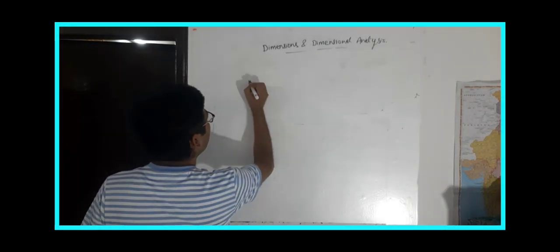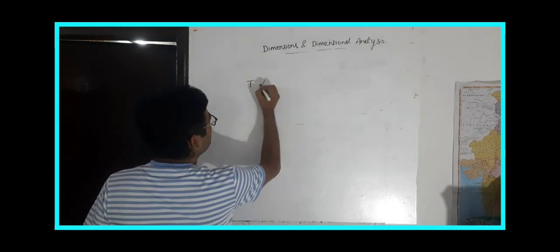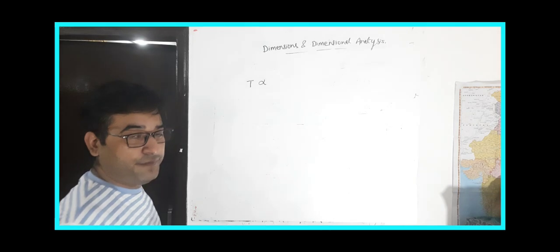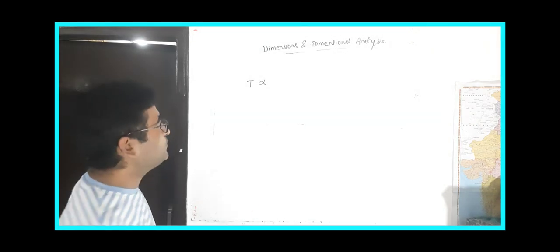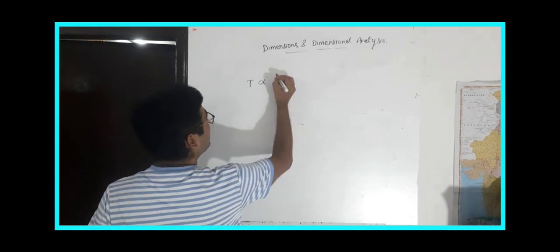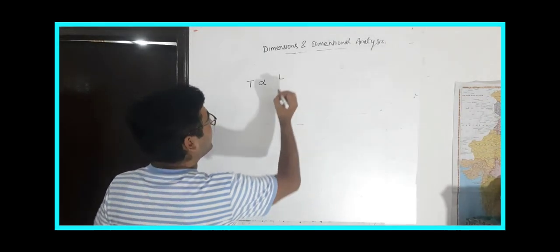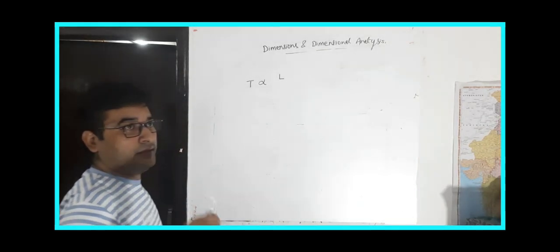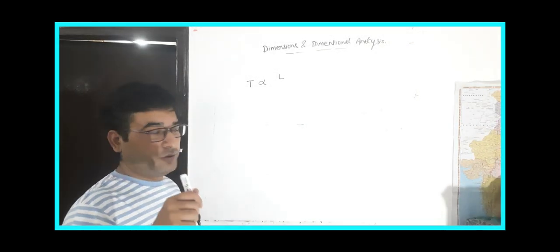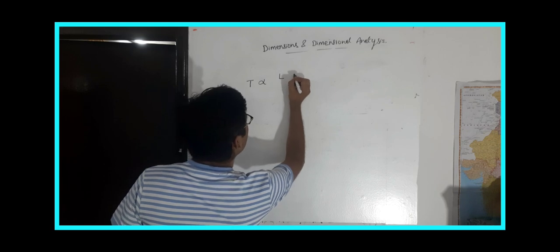So the time period of a pendulum is, if it is given to you, directly proportional to the length of the pendulum and the acceleration due to gravity. Okay, so the g.